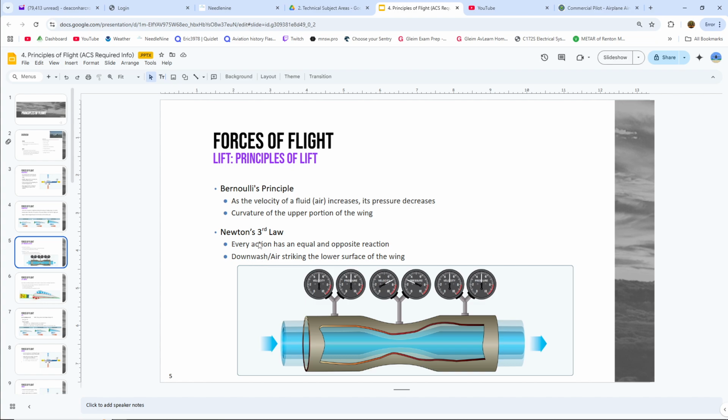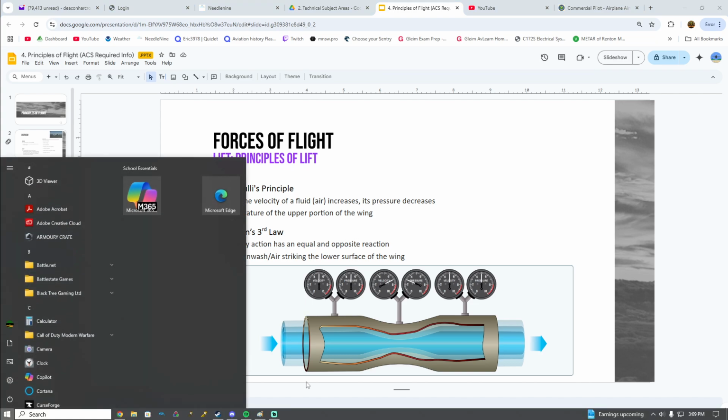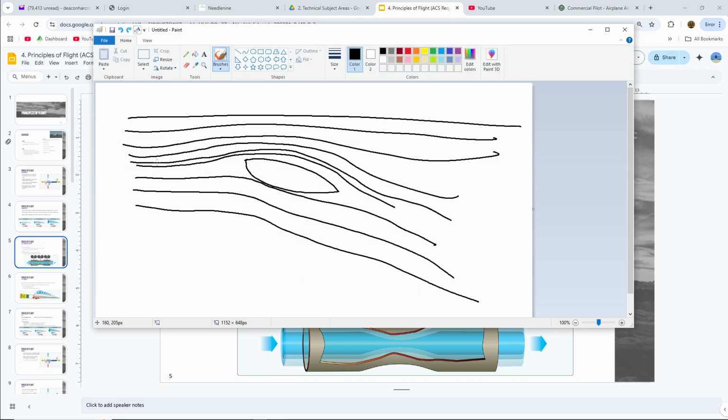Next is Newton's third law. So for every action, there is an equal and opposite reaction. So the downwash of air above and below the wing will create a reaction. Let me pull up that paint again. As we can see, the air is curving behind the wing, and then moving down. You can see the trail of that moving down.